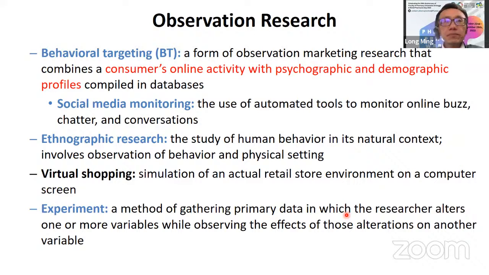In behavioral targeting, or BT, the consumer's online activities together with their personal information, for example male, female, their income category, their education background, and their personal preferences in terms of psychological attributes, will be combined and integrated in the system to see how all these factors influence their online purchasing activities.